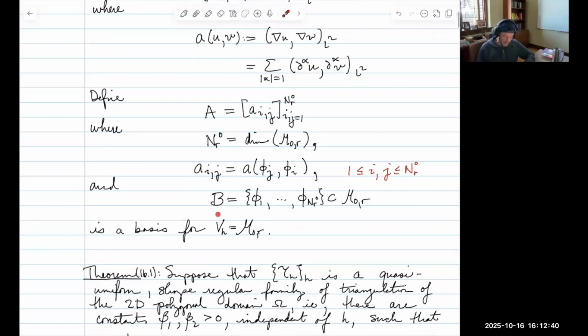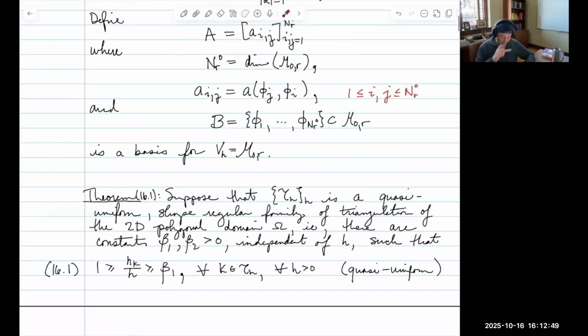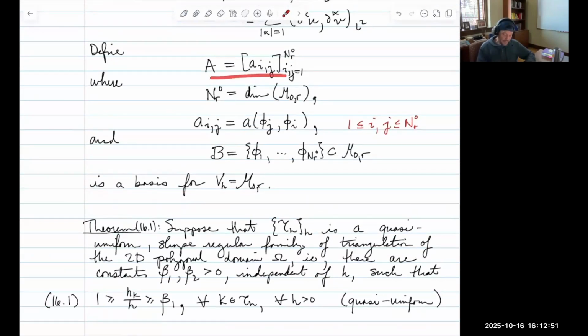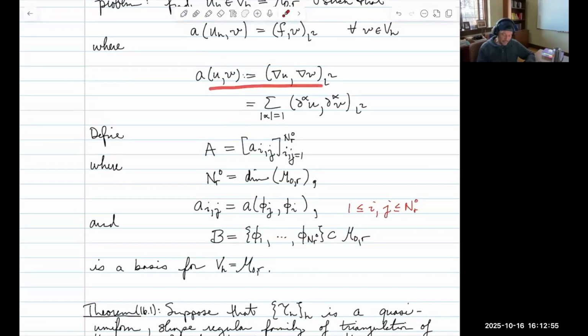Right? So this was our standard basis. This is what we call the Lagrange nodal basis. So hope that rings a bell. Right. So that gives us a square matrix. It also is clear because this bilinear form is symmetric that I can interchange these entries. And so this immediately gives me the symmetry of the matrix because a_ij equals a_ji.